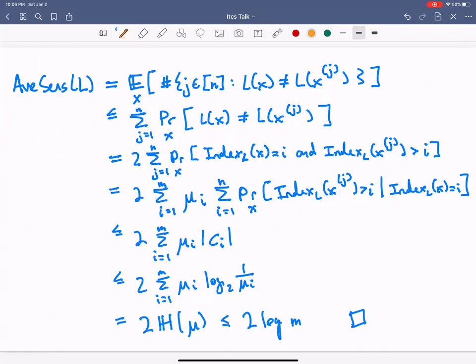So this first line here is just the definition of average sensitivity. It's the expected number of coordinates j in 1 to n such that flipping the jth coordinate of the input changes the value of the function computed by L. Then the next line is just by linearity of expectation. In fact, this should even be equality.